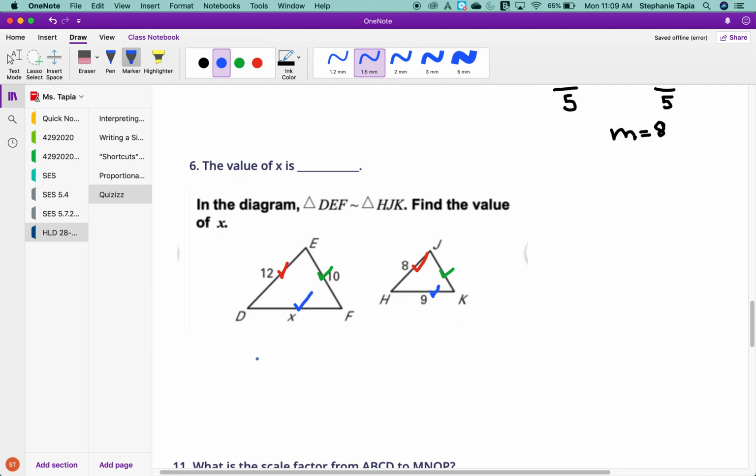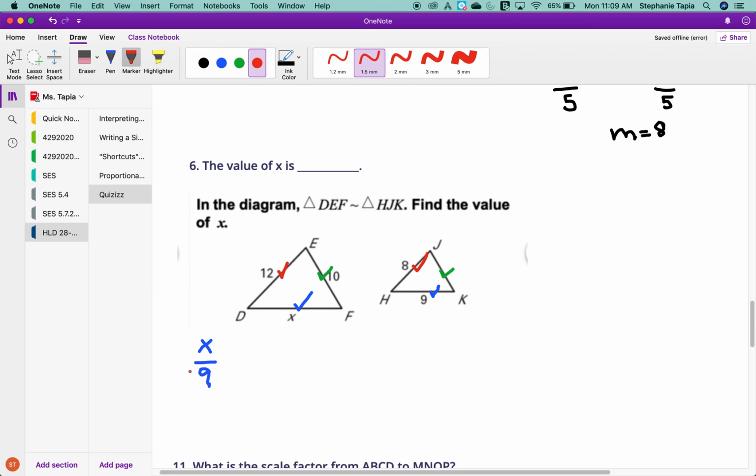So basically, I'm going to use everything that I don't know and that I know in order to find x. So I'm going to start here. So I know that x is to 9. And now I'm going to try to use two sides that I know. So I know 10, but I don't know the other side. And I know 12 and 8. So those are the two sides that I'm going to use.